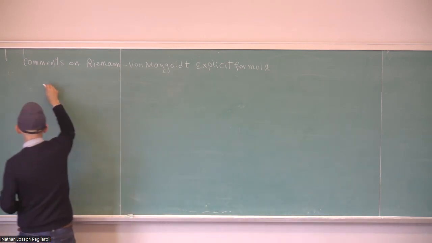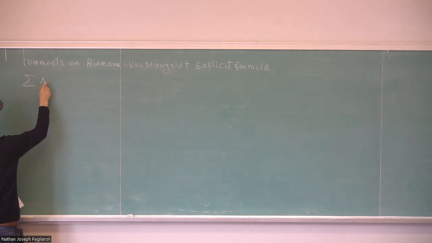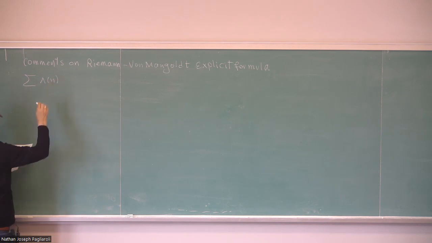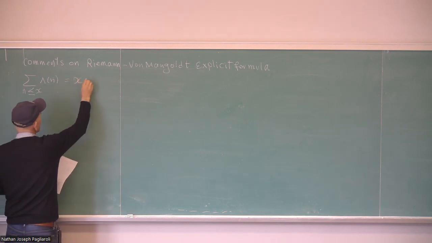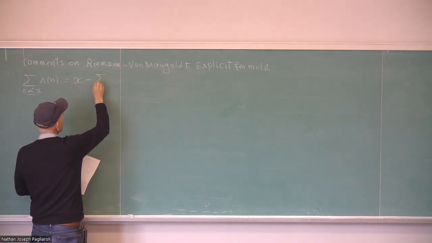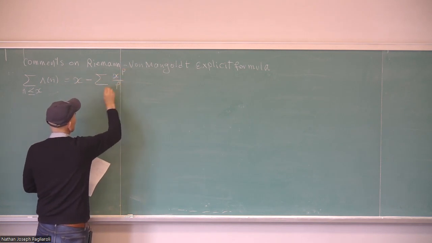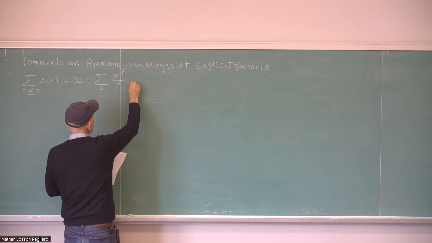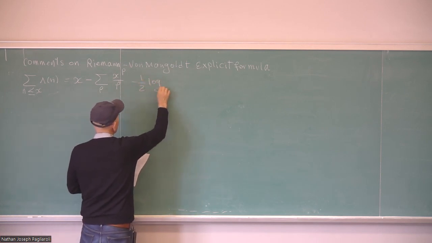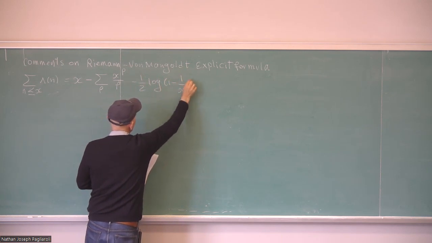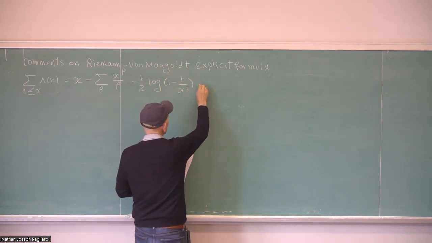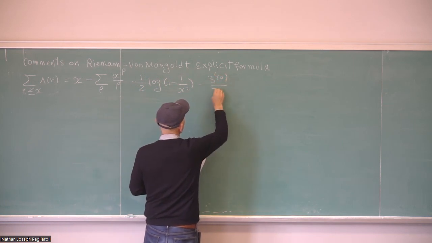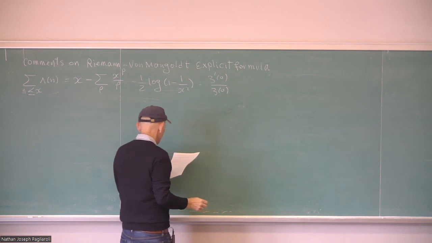The formula said that the sum of lambda of n, n less than or equal to x, is equal to x minus the sum over rho of x^rho over rho, minus 1/2 log of 1 minus 1 over x squared, minus zeta prime of 0 over zeta of 0.